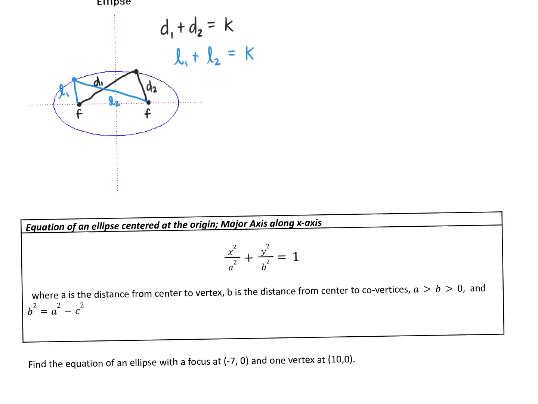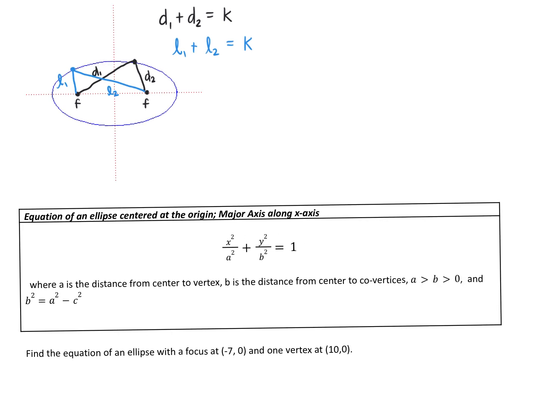So when we talk about the equation of an ellipse, wherever it is wider is the major axis. So if it is wider along the x-axis, we say that its major axis is the x-axis. So the equation is x squared over a squared plus y squared over b squared equals 1.